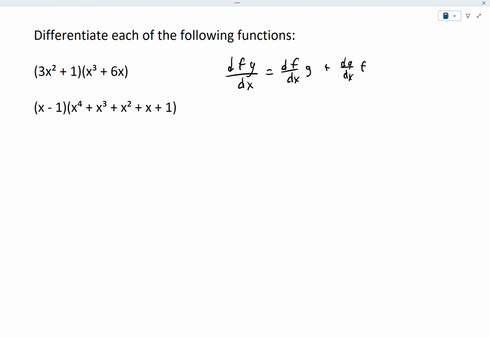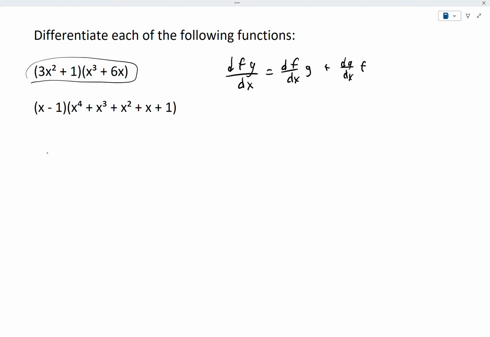So right here, we're going to be using the product rule to take the derivative of this function. We can say that f is the first function, g is the second function, or you can say g is the first, f is the second, doesn't matter. But we're taking the derivative of it.